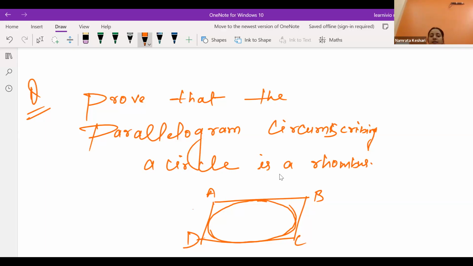If we can prove that in this parallelogram all sides are equal, then we can say it's a rhombus. How do we prove that all sides are equal? We can use the theorem. Which theorem? The one about tangents from an external point to a circle.